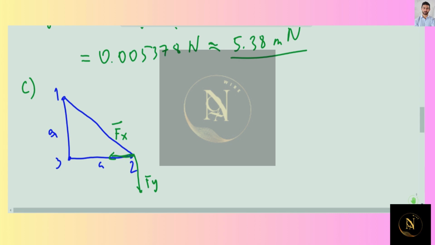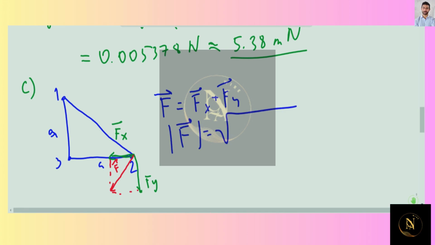So the total force will be directed to the left bottom corner of the screen, and its total value F equals Fx plus Fy, or if we talk about the absolute value of F, it equals the square root of Fx squared plus Fy squared.